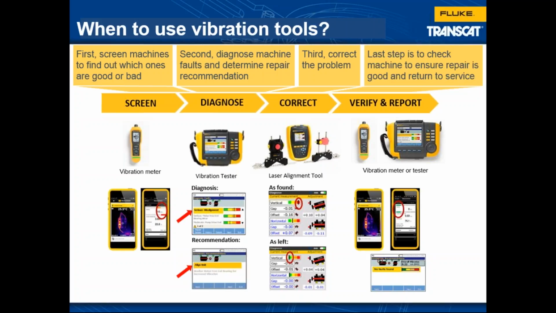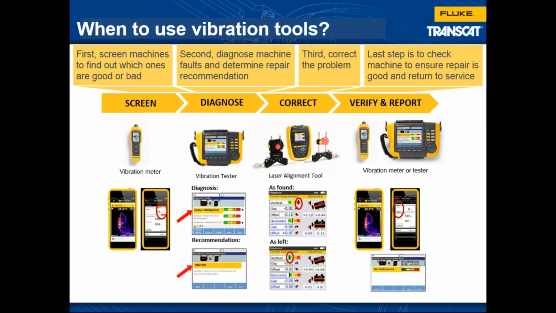And finally, before you return the machine to service, let's make sure we fixed it. Let's make sure that not only did we fix it, but did we fix the root cause? Because just replacing bearings and seals might not be the root cause. The root cause may be misalignment, for example.